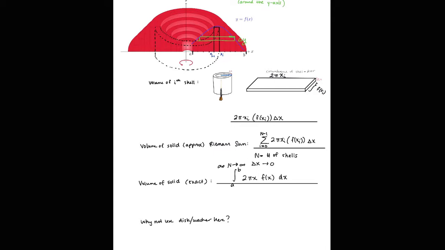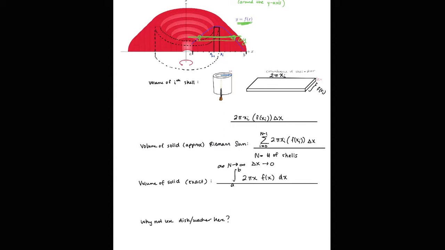And looking at this curve, the curve needs to be written in terms of y. But wait a second. It's a function of x. So if we want to put it in terms of y, we need to be able to express it as a function of y, except we can see right away, is it a function of y? No, it's not. Look at this line. It's failing the vertical line test.